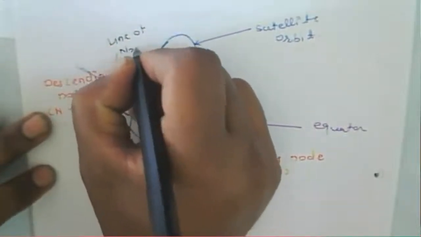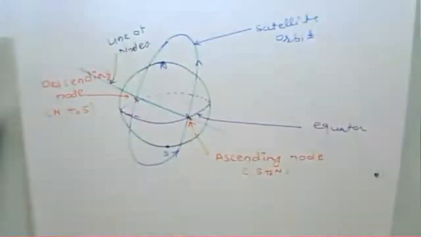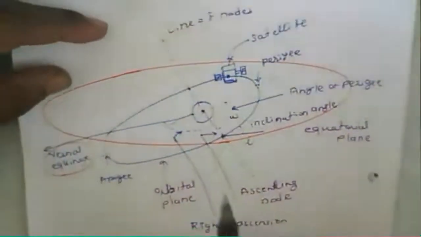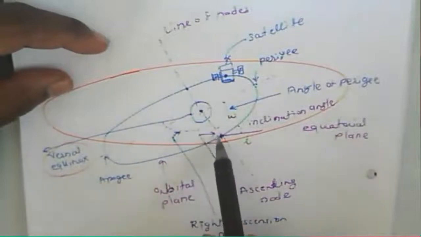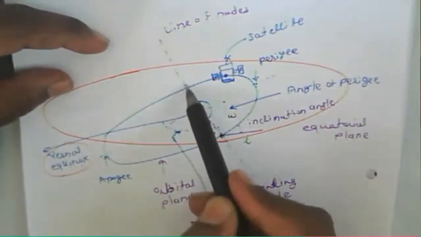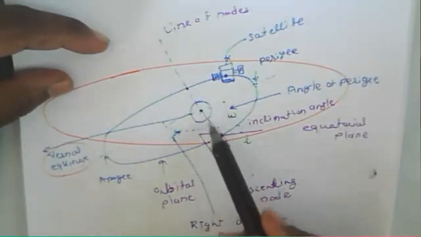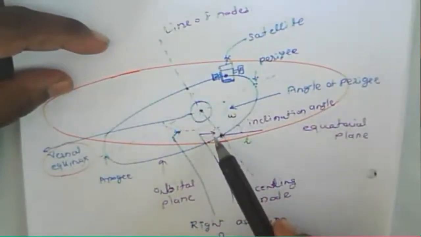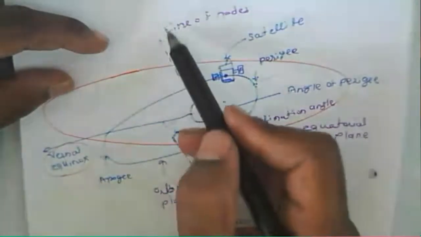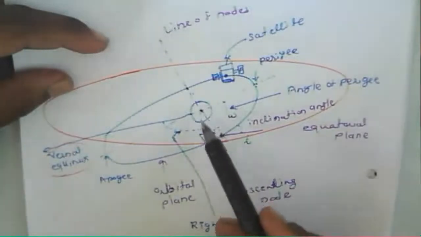Yesterday we discussed the angle of inclination. Likewise, this is the line of nodes, the line joining the ascending node and the descending node.